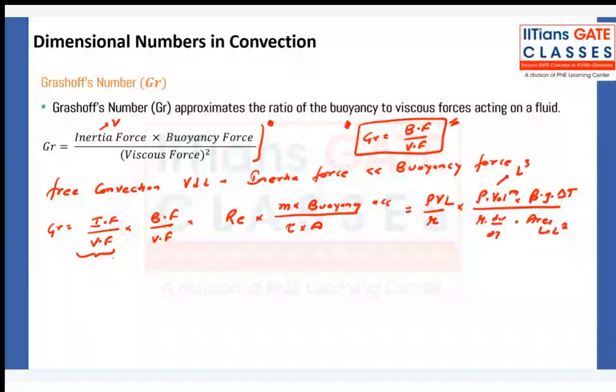So the Grashof number that you are going to get is, one rho square is there.